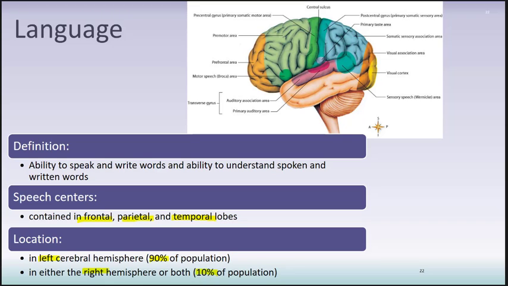If there's a lesion in these areas that gives rise to language deficits, exactly where the lesion is will determine what particular component of language is affected. So does it have to do with the ability to speak or to write, the ability to understand, or to understand words that are spoken or those that are written? All depending on location of injury or lesion.